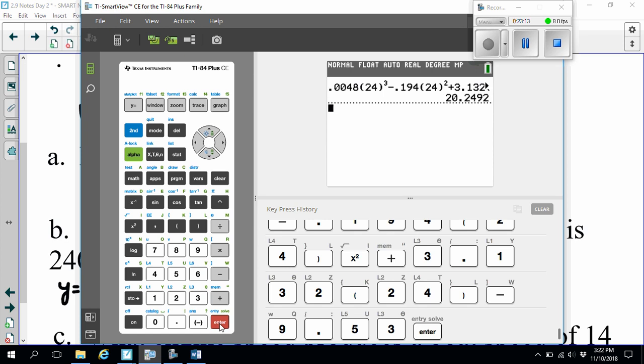And so here we get about 20.2492 knots. Okay, let's go ahead and round to 3 decimal places, so 20.249.